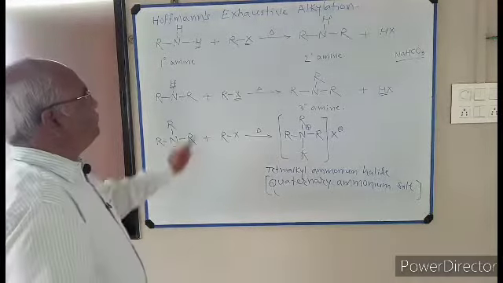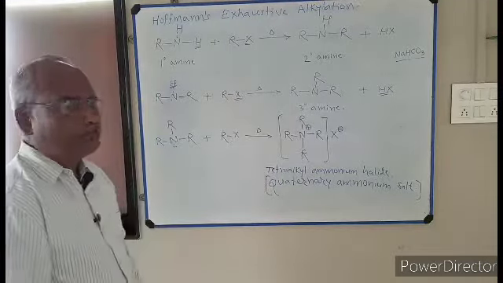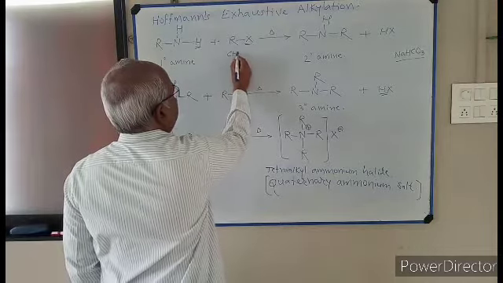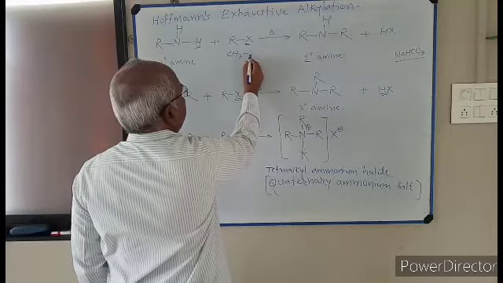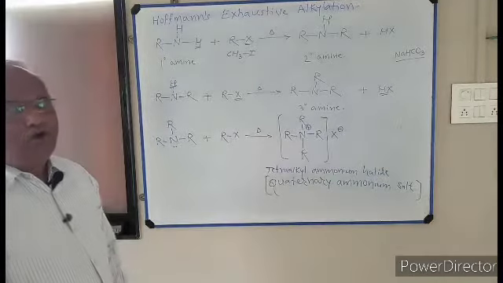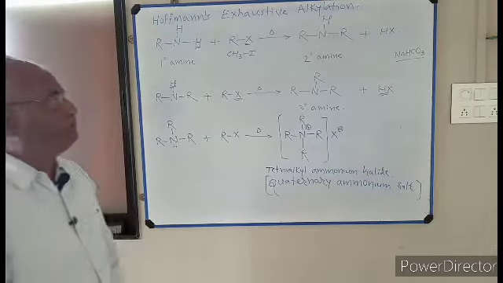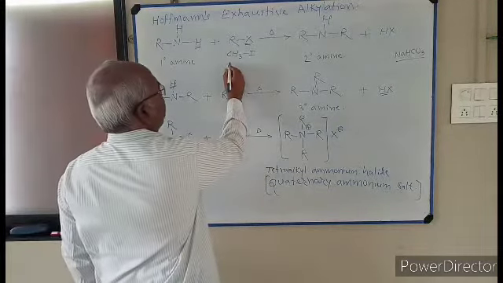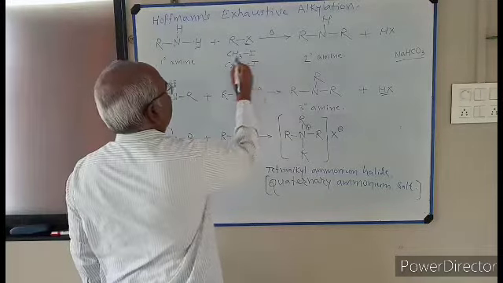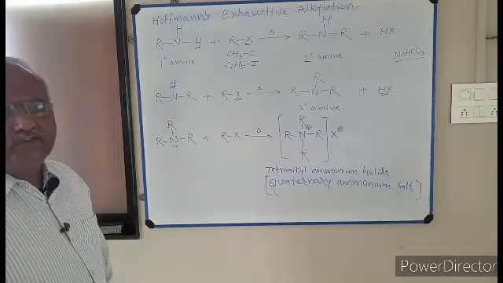In this reaction, alkylation is carried out. If instead of alkyl halide I use methyl iodide, the reaction is called Hofmann's exhaustive methylation. If I use ethyl iodide, the reaction is known as Hofmann's exhaustive ethylation.